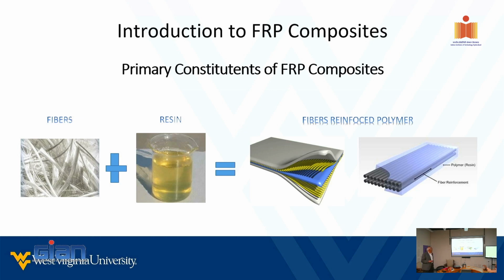So, the primary constituents I already told you. I broadly left it as fibers and resins. I already told you there are different fibers. I didn't say a whole lot about resins. So, here again, we have broad categories of 2 types of resins.